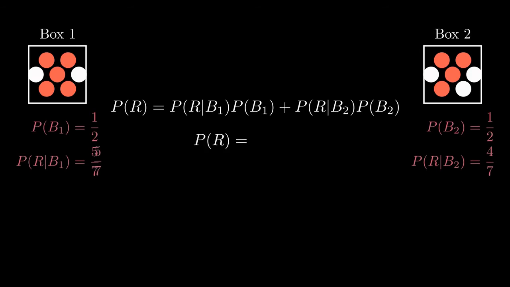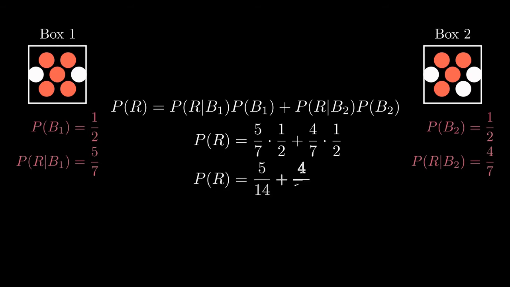And similarly, the numbers for box 2. So there we have one branch, the other branch. One thing to always take note of: if you're working out a probability and you get something bigger than 1, you have a problem.